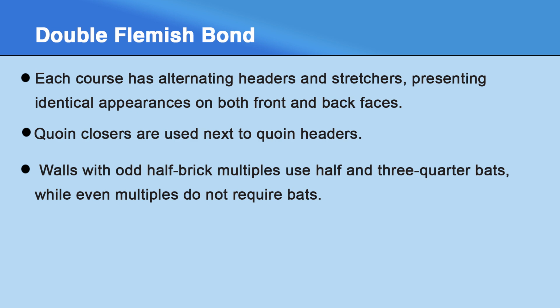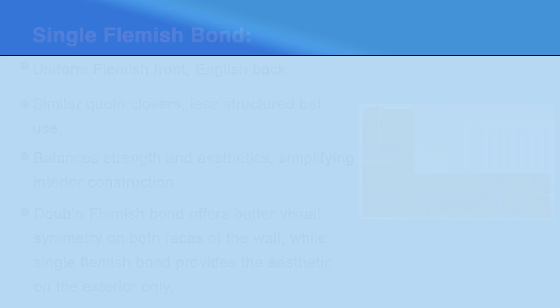The queen closers are used next to queen headers in alternate courses. The walls with odd half brick multiples use half and 3/4 bats, while even multiples do not require bats.